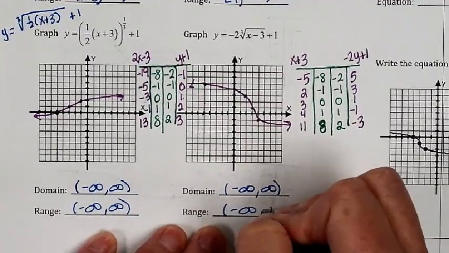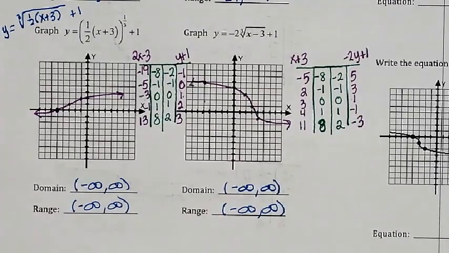Your domain and range are still negative infinity to positive infinity.